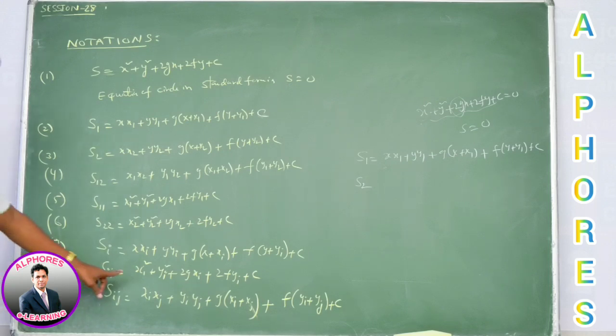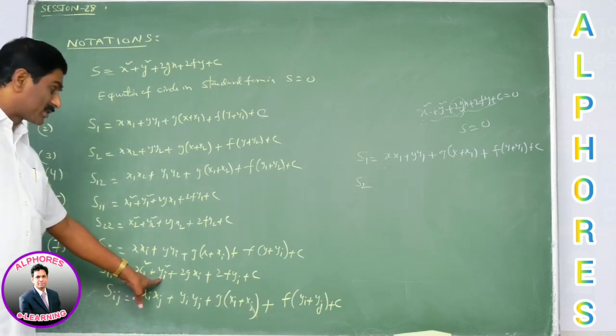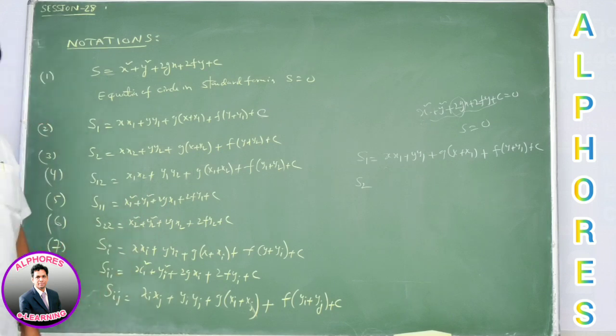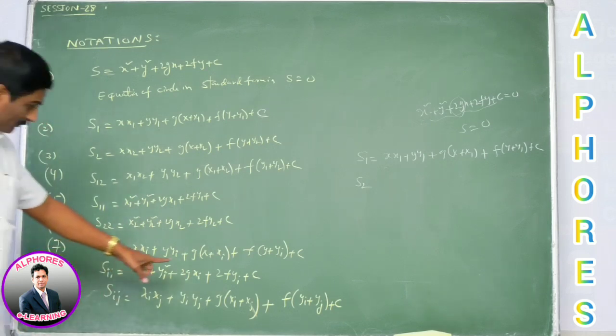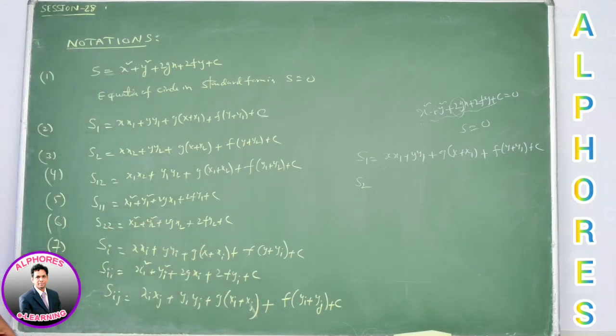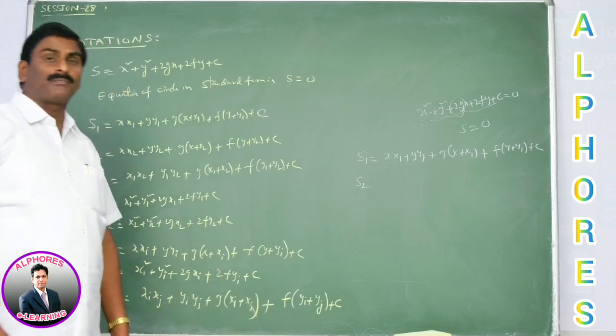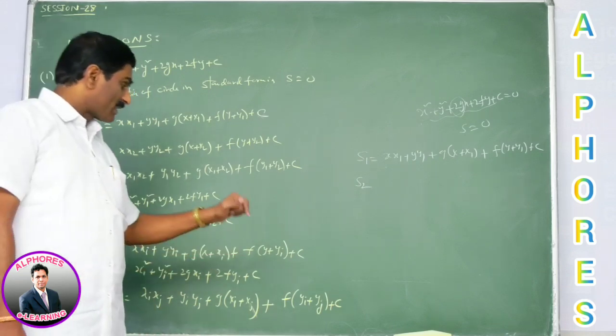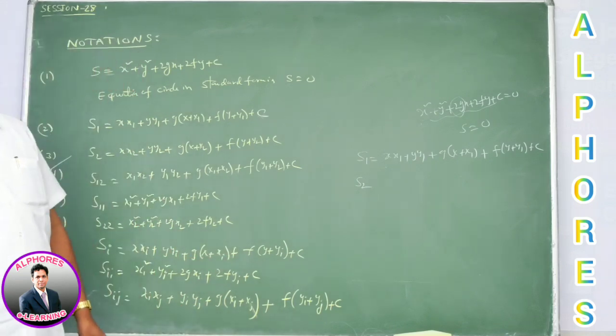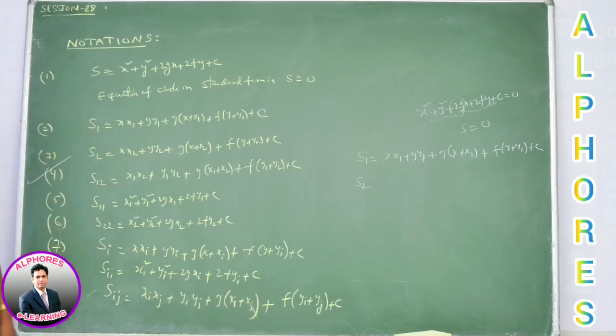That means (x suffix i)² + (y suffix i)² + 2g x suffix i + 2f y suffix i + c. Similarly, S suffix ij is in the form of S12, replacing 1 by i and 2 by j. So that means x suffix i x suffix j + y suffix i y suffix j + g(x suffix i + x suffix j) + f(y suffix i + y suffix j) + c. Okay, these are the notations, very very important.